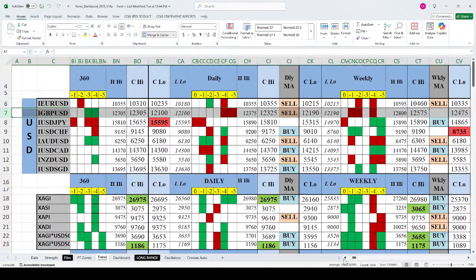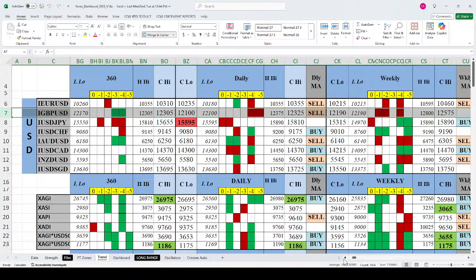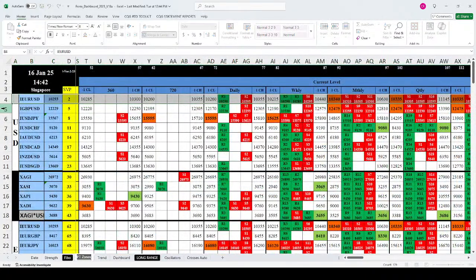So as of now, we will take it as the market is cautious buy or cautious sell until the price closes above 12330 or even 12305. Then we can confirm that we have seen a base on this level for this market.